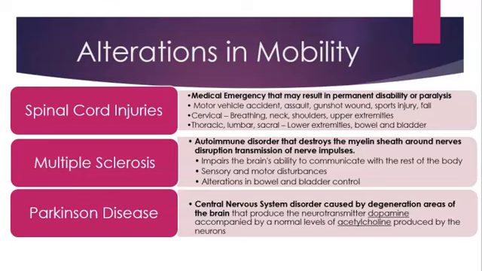Lumbar is, of course, our movement, but also it is going to be our bowel and our bladder, as well as with our sacral. So whenever we have a cervical injury, we're thinking about breathing, neck, shoulders, and the upper extremities. When we think about lumbar specifically, we're thinking lower extremities, bowel, and bladder.